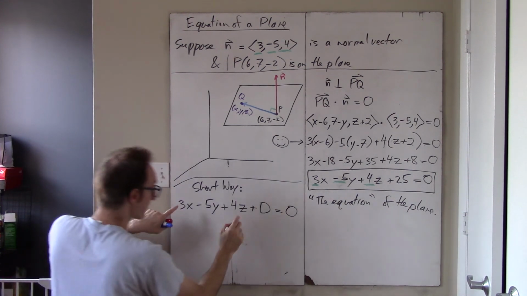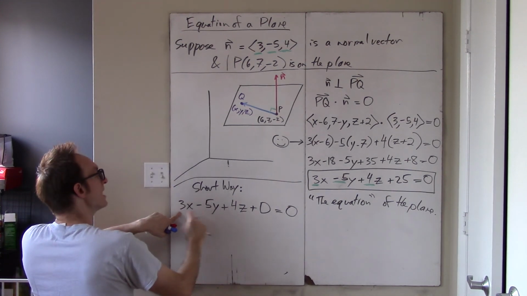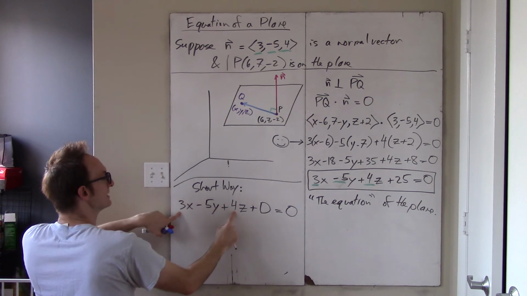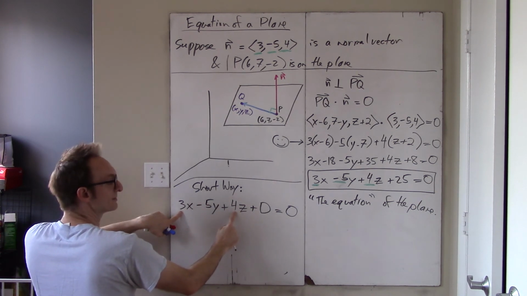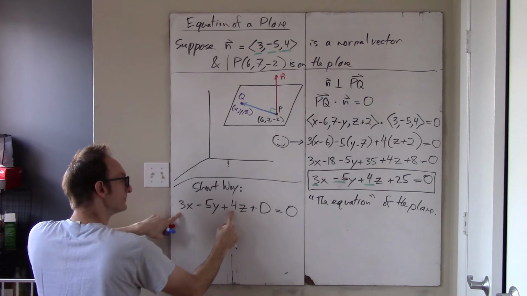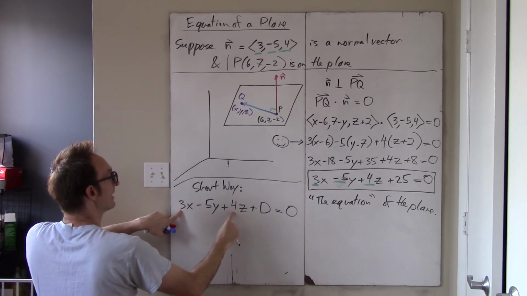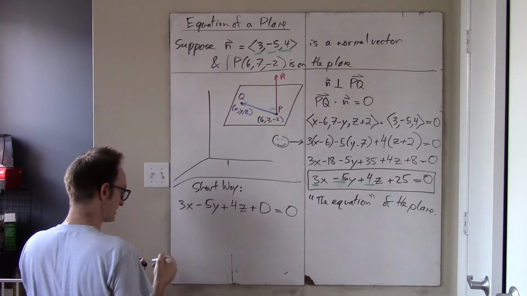In other words, the coefficients of x, y, and z in the equation of the plane are just the components of the normal vector.